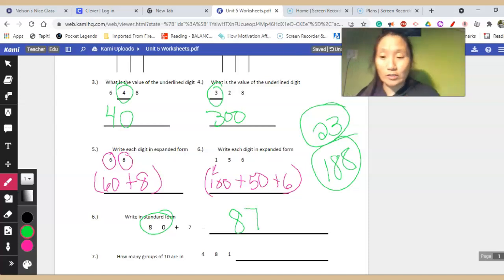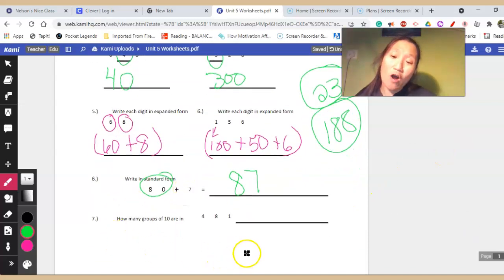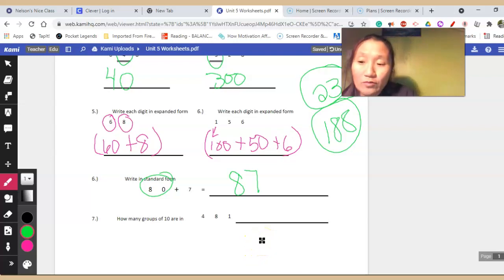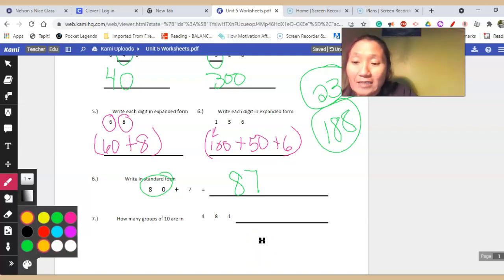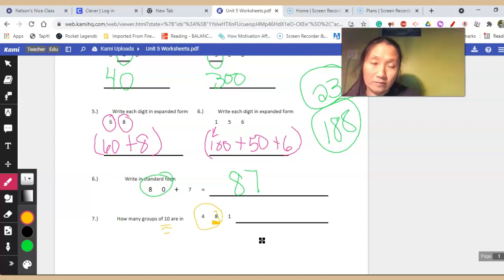So the last question here that you are going to look at is how many groups of 10 are there in 481? So to do that, what I always look at is the tens place, because I want to look at how many groups of 10. So I take whatever's sitting in the tens place, and I take everything in front of it.